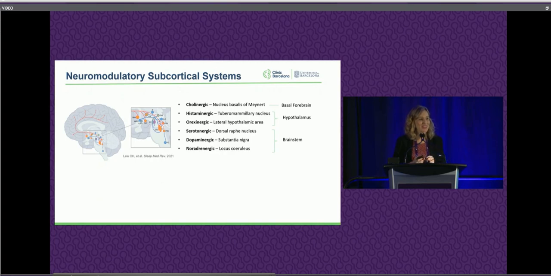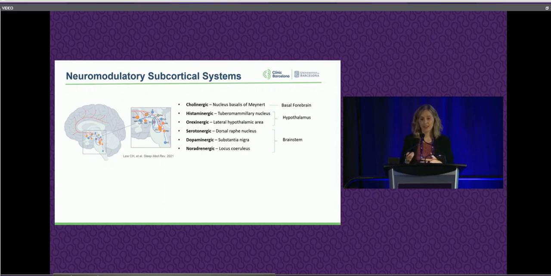to introduce you to the neuromodulatory subcortical systems, which are a really relevant part of the brain with regard to these syndromes. The neuromodulatory subcortical systems are a group of very, very tiny nuclei that are interconnected within the brainstem and basal forebrain, and they have projections through the brain and release different neurotransmitters. Each of the nuclei has a specific neurotransmitter.